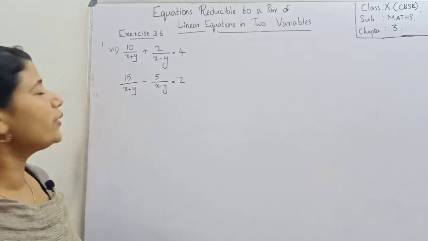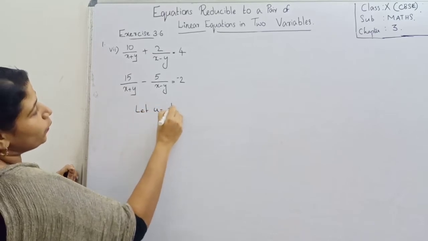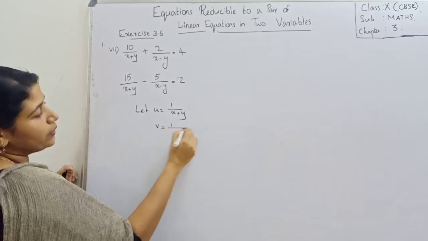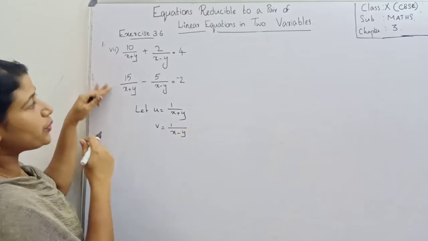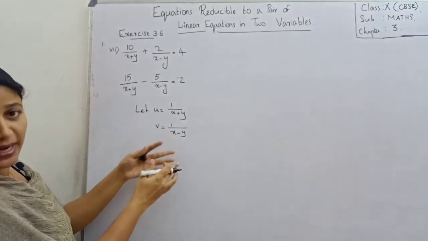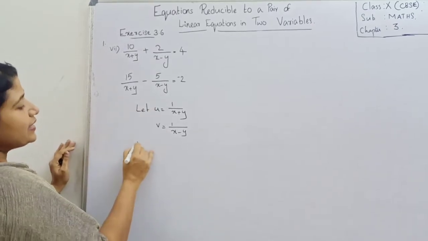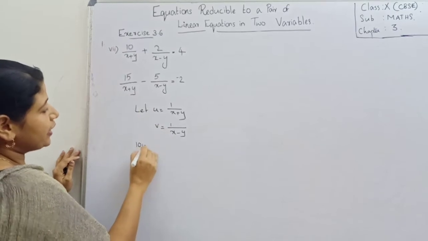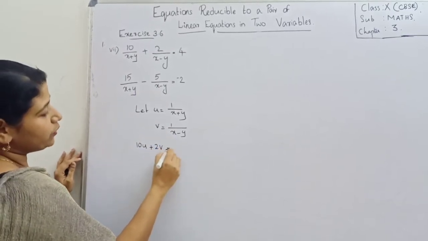Okay, so what we have to do? First we take u equal to 1 by x plus y, and v equal to 1 by x minus y. Then we can change these two equations into the form using u and v instead of x plus y and x minus y. So 1 by x plus y is u, and we can write 10u plus 2 by x minus y is 2v equal to 4.